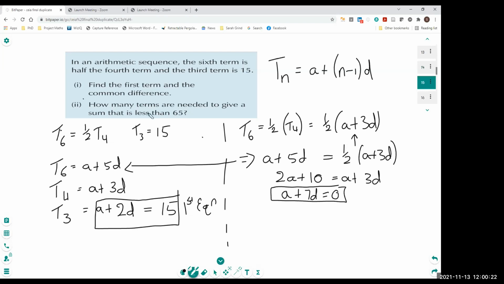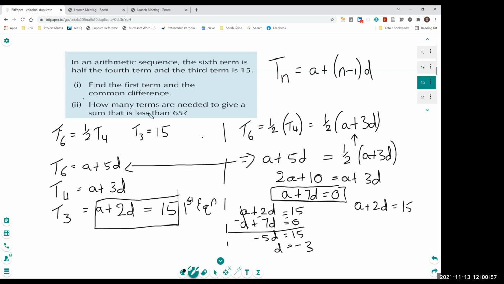The other equation: we have A plus 2D is equal to 15, and A plus 7D is equal to 0. We subtract, and we get minus 5D is equal to 15. So D is equal to minus 3. And if D is equal to minus 3, we take A plus 2D is equal to 15.